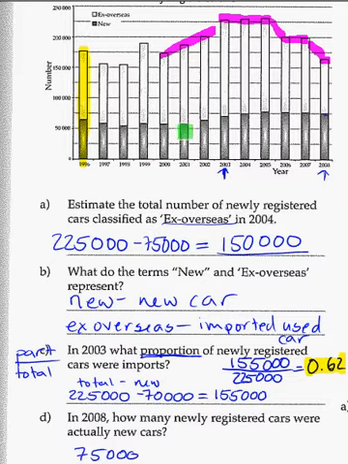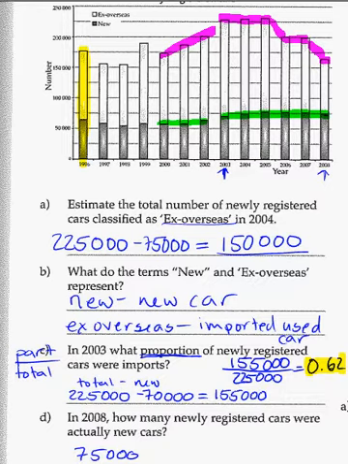So we need to kind of make a comparison here. What's happening with these new cars? Relatively constant, and then relatively constant again. So the amount of new cars doesn't really change very much. So we can kind of assume that it stayed the same and just talk about what we see the size of the white bar doing.